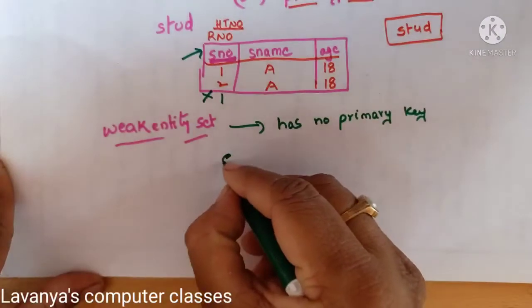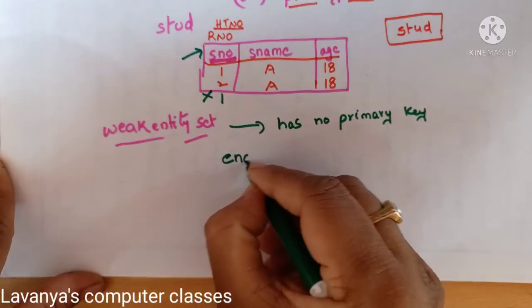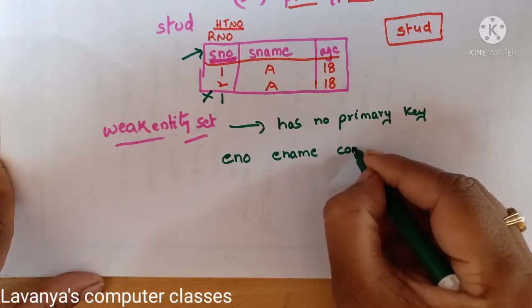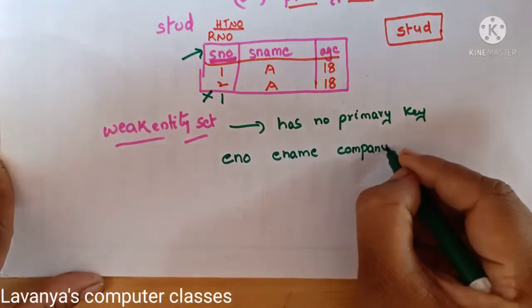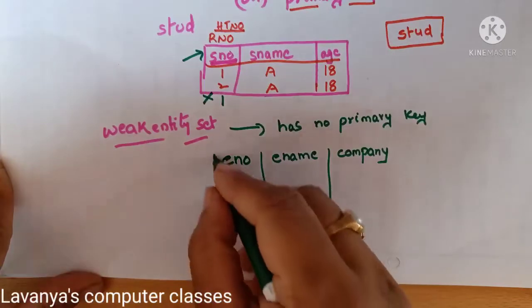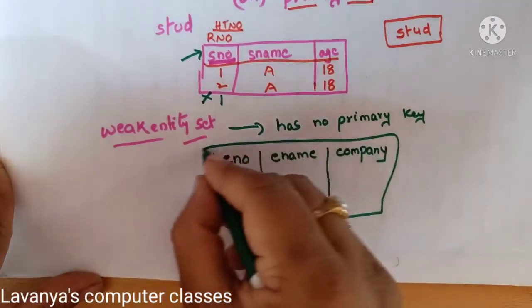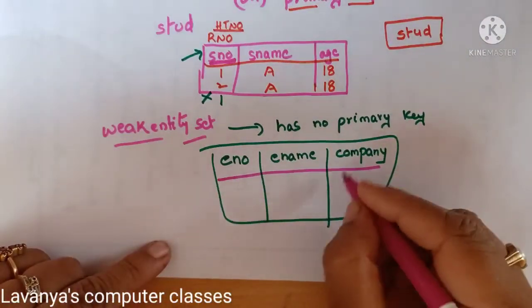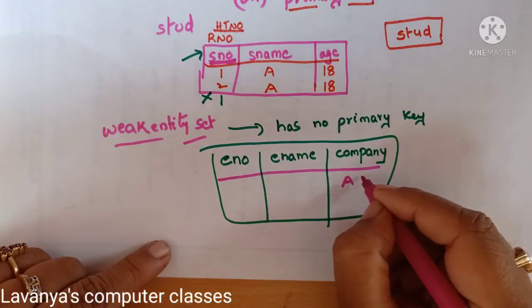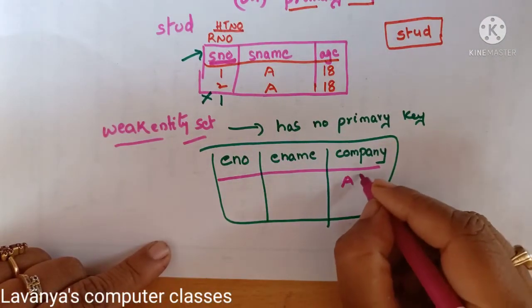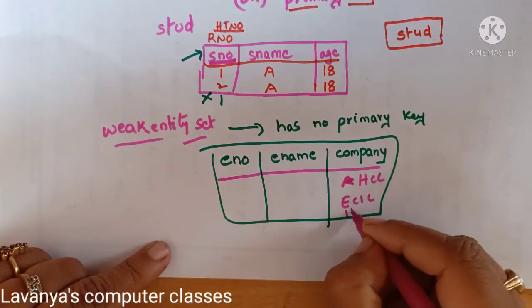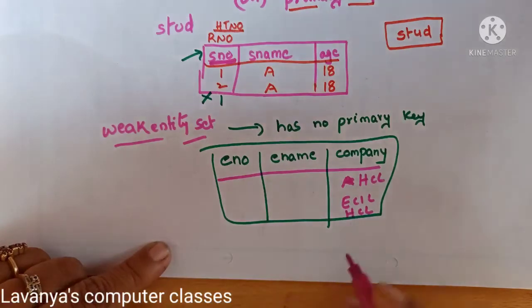For example, here we take employee number, employee name, and company name where he is working. So this is the table or entity set, whatever it is. In this, there are employees' names and company names: A with HCL, another with ECIL, and one more employee also with HCL.